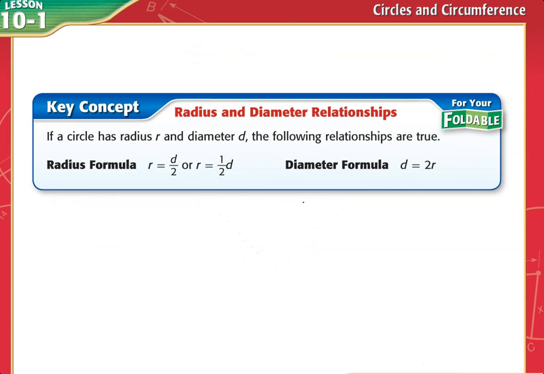Okay, so we have a key concept in section 10-1. It's the radius and diameter relationship. If a circle has radius r and diameter d, then the following relationships are true. Basically, a radius is half a diameter. Another way of stating that is a diameter is equal to twice the radius.